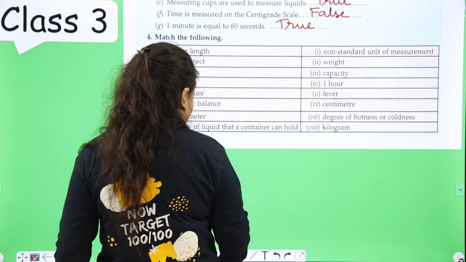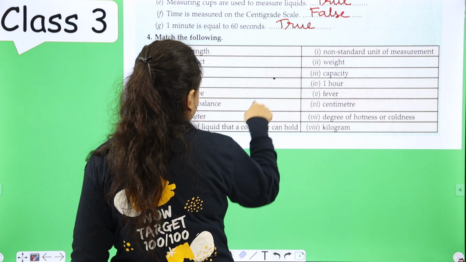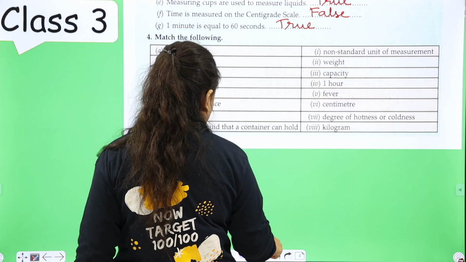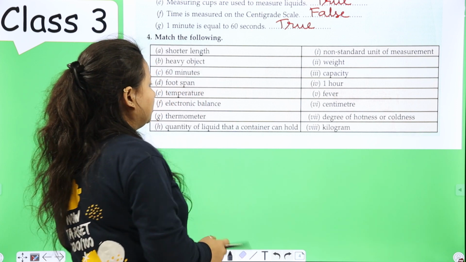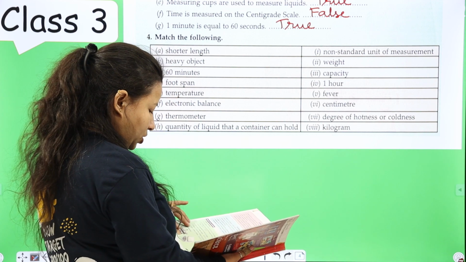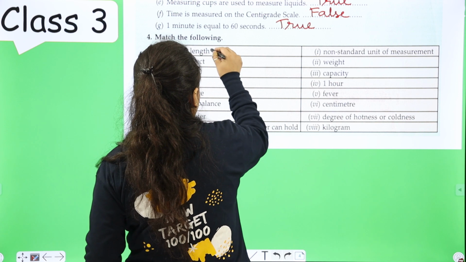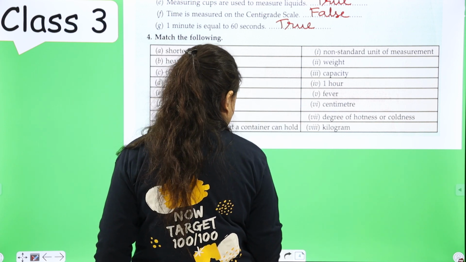Now match the following. First is shorter length. Shorter length means centimeter. We measure shorter length in centimeters.